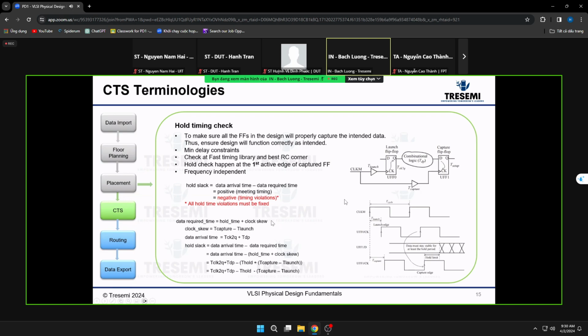Okay, so I just defined here only in terms of the waveform. I think you can plug in the numbers and see how it works. Okay, so let me go on to the next slide. I think it's going to be important how the clock skew plays a role in setup and hold time.